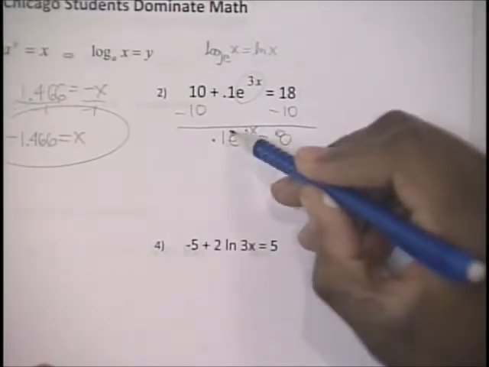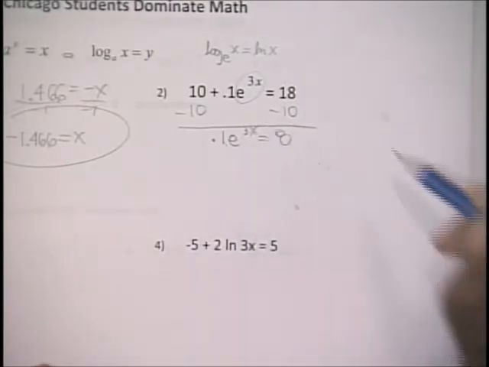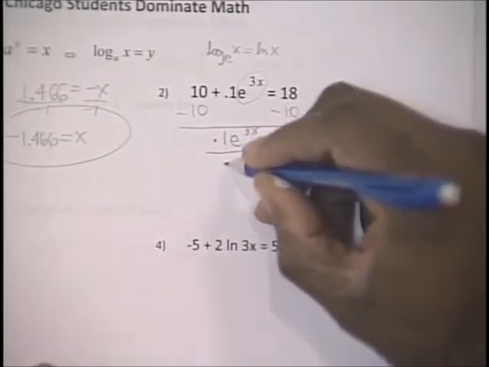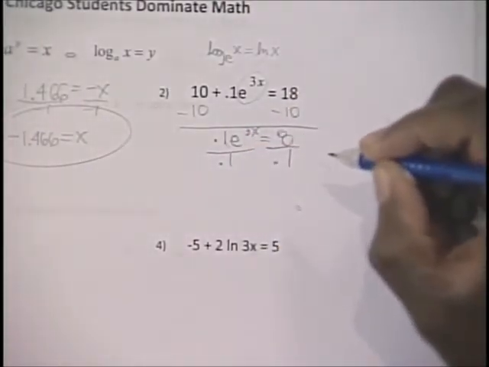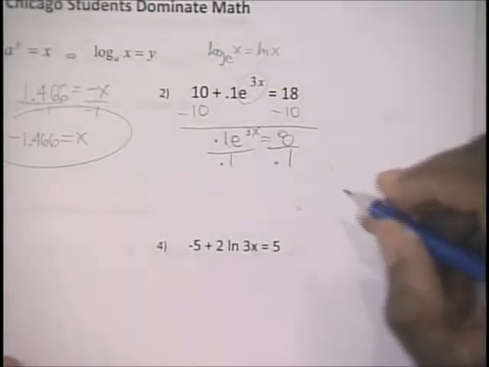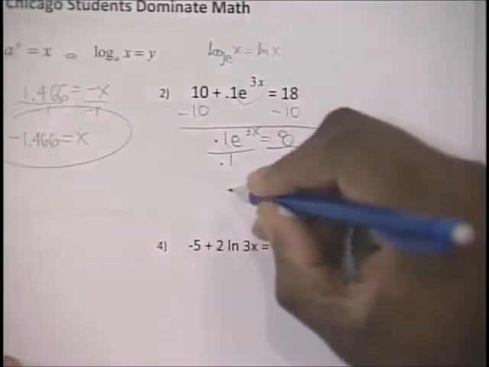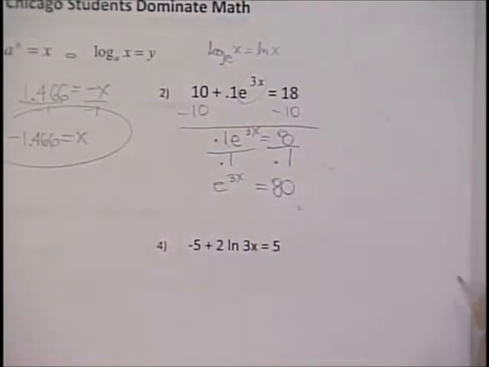In algebra, you do a lot of isolating of different things. Here, we're isolating the exponential part of this equation. Divide by 0.1, and you're left with 80 is equal to e to the 3x.